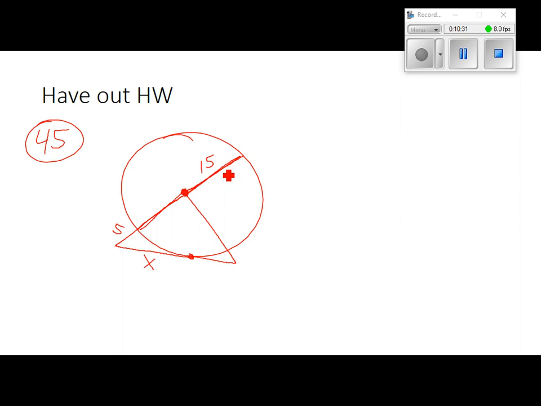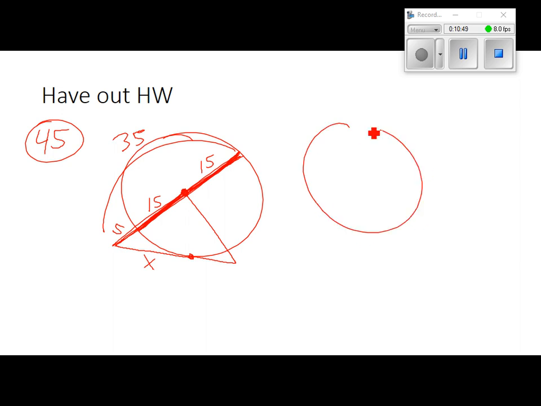First thing, if this is 15, what do we know about this distance from here to here? 15. That'd be 15, so I'm going to stick that in there. How long is this whole segment right here? 30 or 35. So I'm going to draw something like that, and that's 35. If I drew this and just stopped right there and didn't draw in this extra part, we know that this whole thing is 35.